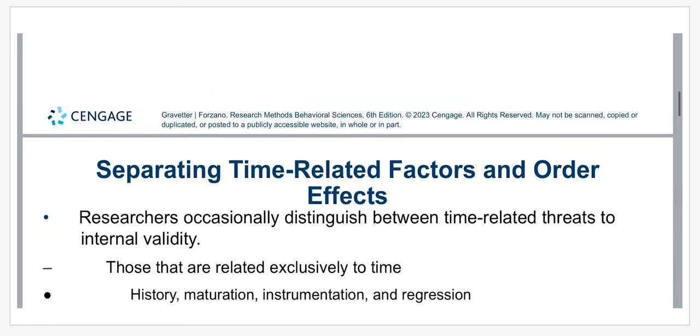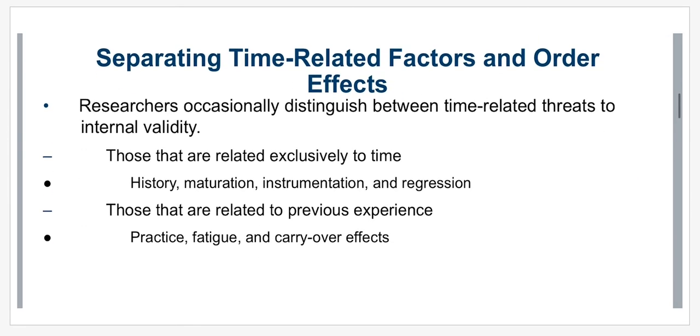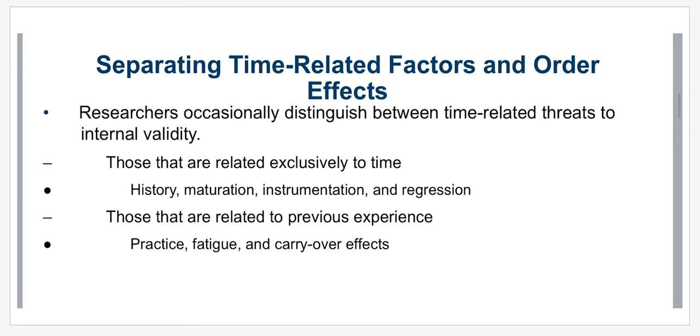So those are the 5 time-related things. Now, a lot of times these are separated between things that are exclusive to time, the first 4: history, maturation, instrumentation, and regression to the mean. And then the order effects are usually distinguished as a different thing because it's related to the previous experience in the treatment conditions, not necessarily time.